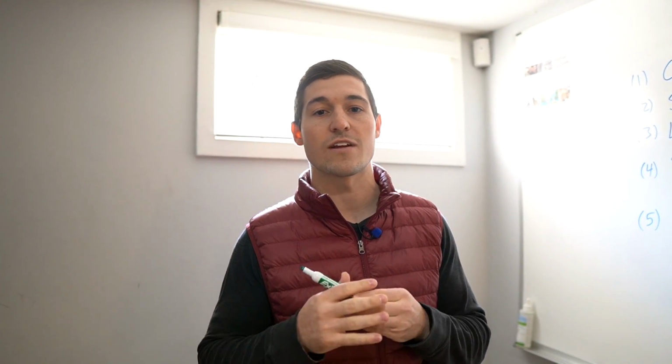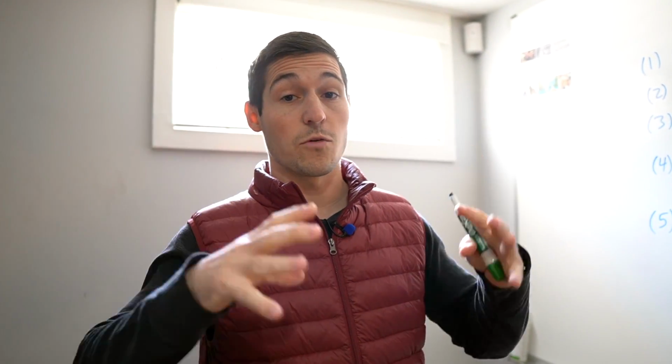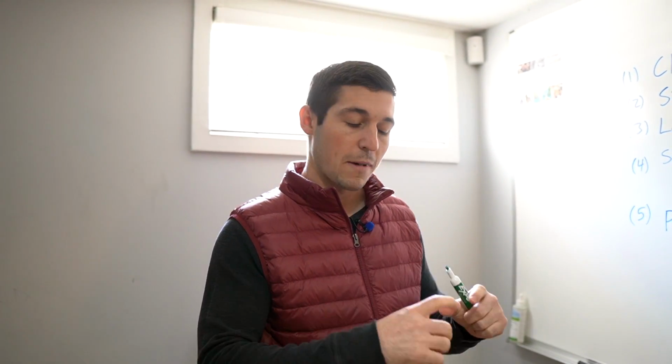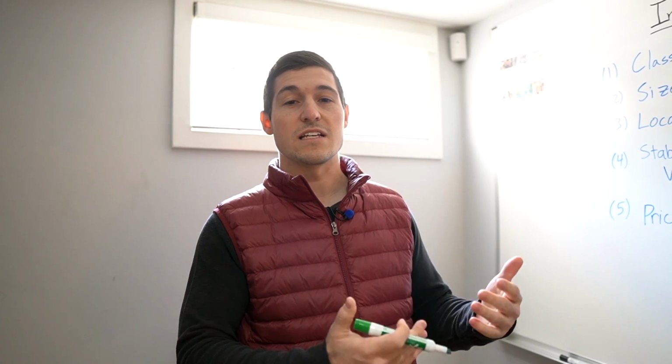Criteria number 3 is location. When you talk about real estate, you got to make sure that you're in the right spot. From a high level, you want to make sure you're in the right market. You want to see a market with growth, income growth, jobs. But then you also, on a micro level, want to make sure that you're on the right street, in the right area of town that is going to see growth.